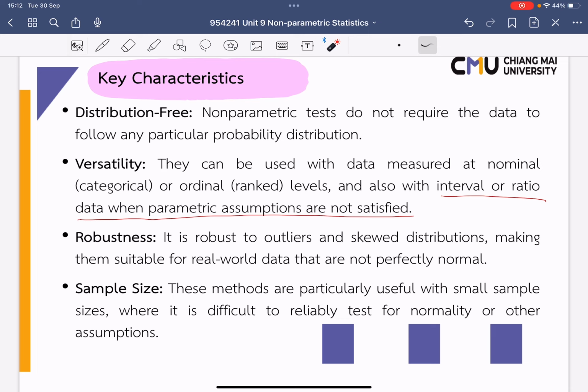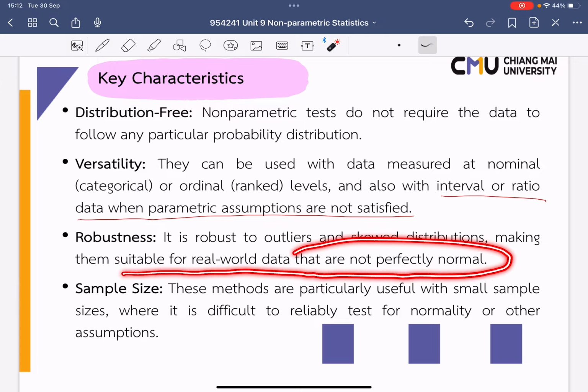And a nonparametric test is robust to outliers, meaning it is reliable. If your data has outliers, then the test is more reliable than a parametric test. It is robust to outliers and skewed distributions, which is suitable for real-world data that are not perfectly normal.